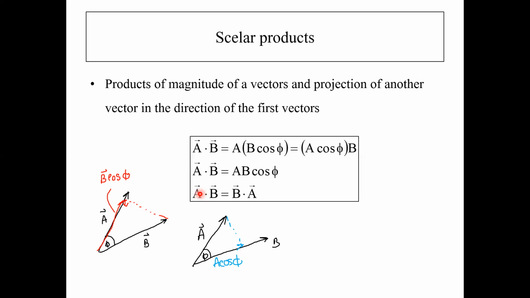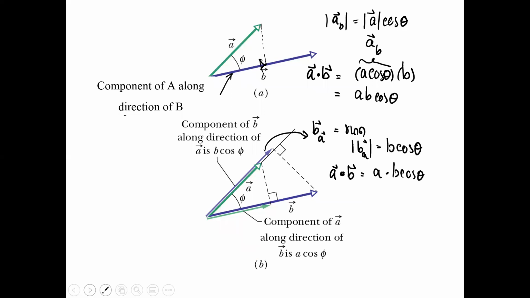When we say force in the direction of motion times the displacement, we are talking about a dot product, because one vector is broken into the direction of another vector. So this is very useful for finding work and energy.